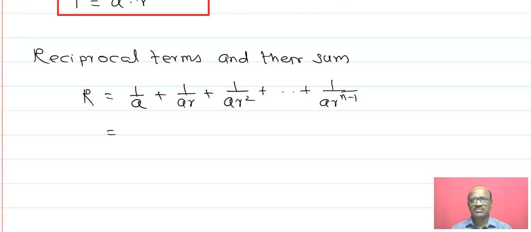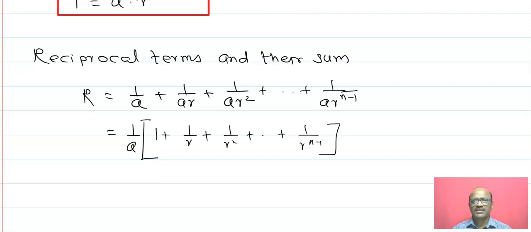Therefore, from these terms we take 1 upon a as common. Then in the bracket, you will get 1 plus 1 upon r plus 1 upon r square up to 1 upon r raised to n minus 1, bracket complete.